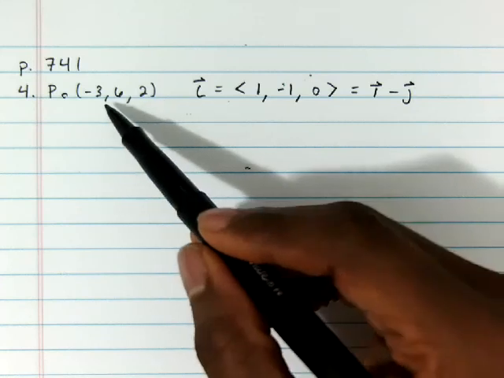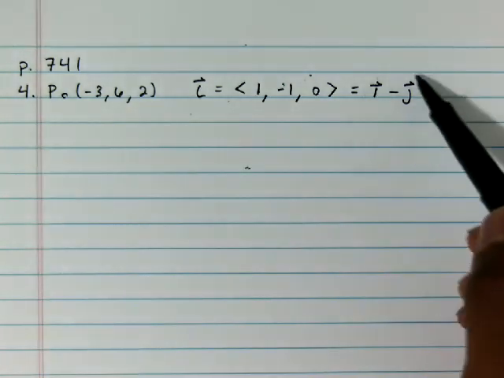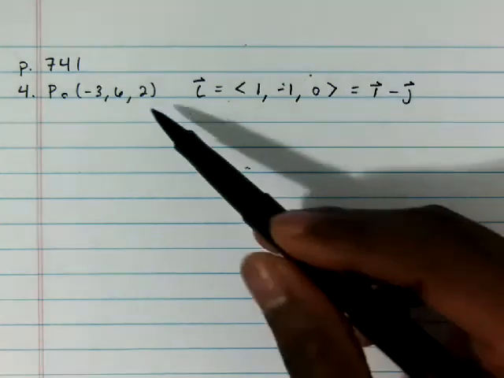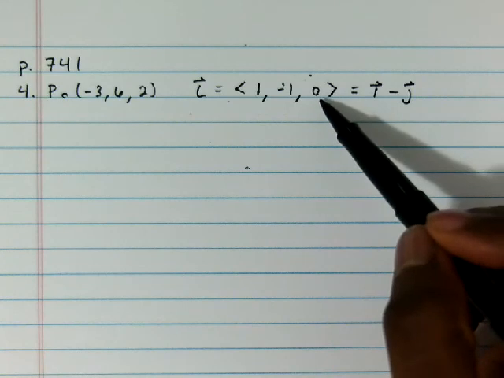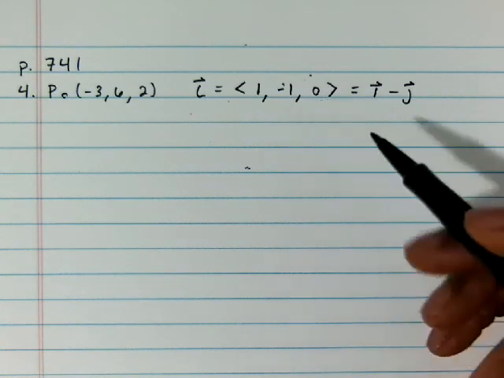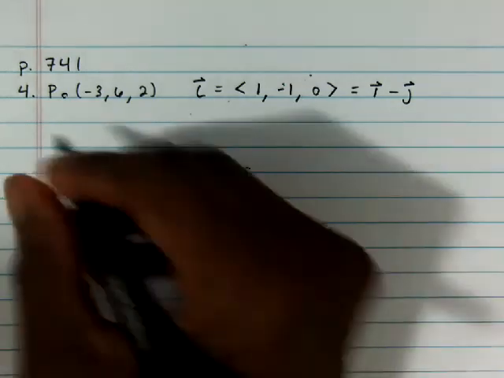If this had only had an X and Y coordinate, then we would know that this was just a vector in 2 dimensions. But because of that Z coordinate there, I knew that I needed a K component of 0 on my vector L.